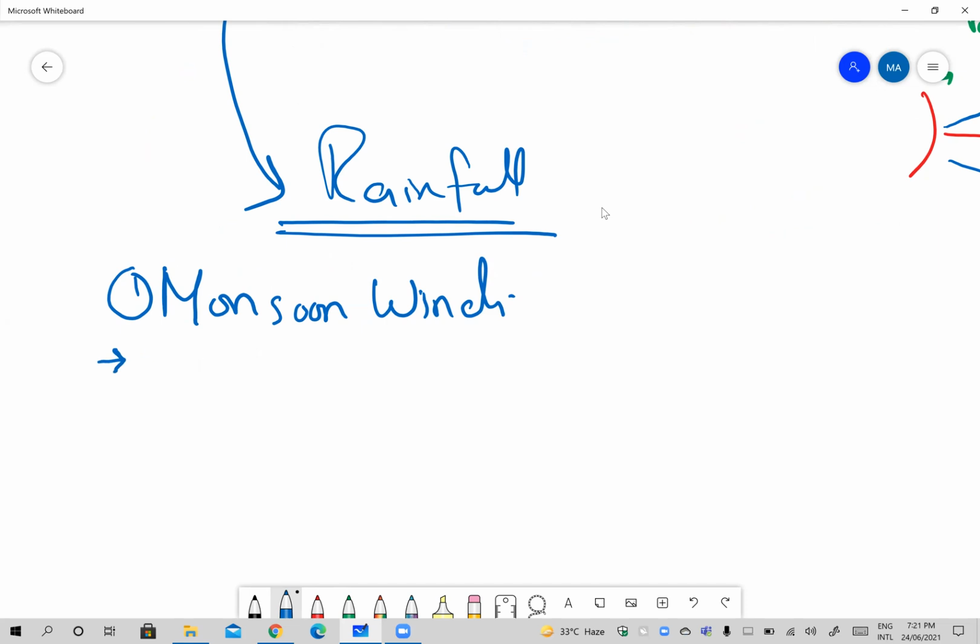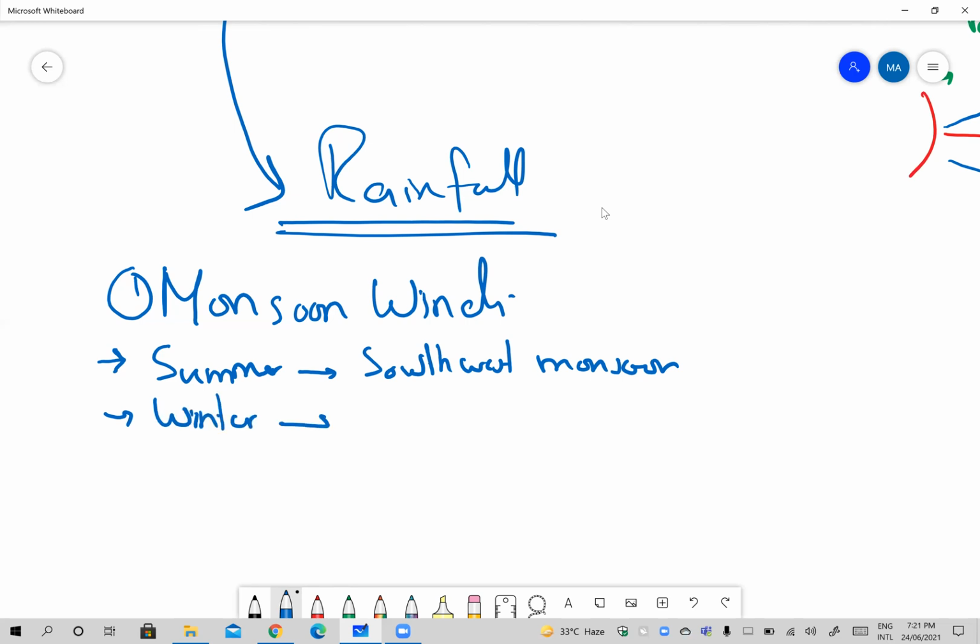Okay, so monsoon winds blow during summer and in winters. So the summer monsoon are known as the southwest monsoons. They blow from the southwestern regions. And the winter monsoons are known as the northeast monsoons, northeastern direction.